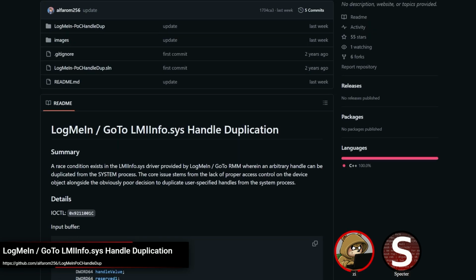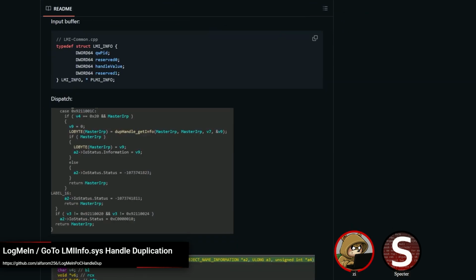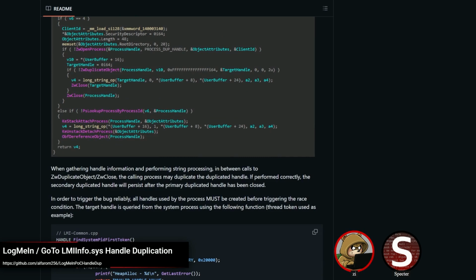The bug offers the ability to do a handle duplication attack. From there, you get a handle to whatever privileged system process or leak privileged information that way. That's generally how you would do this. They talk about using the thread token for this, but with a primitive like this, there are likely many ways you could go about it.